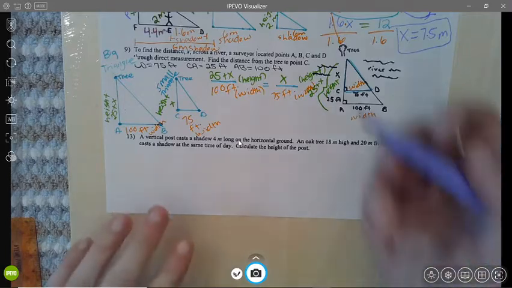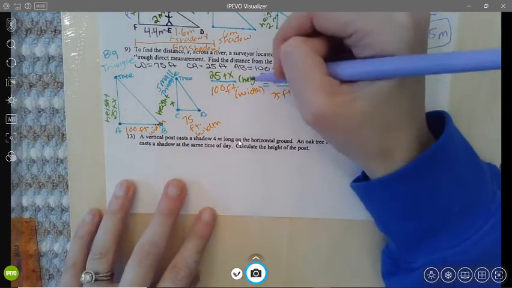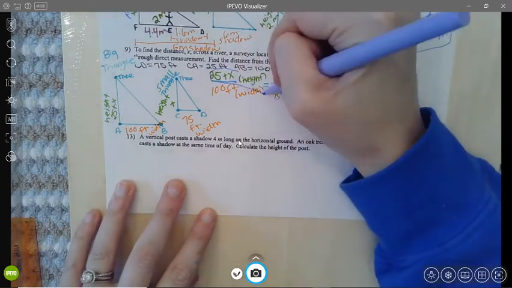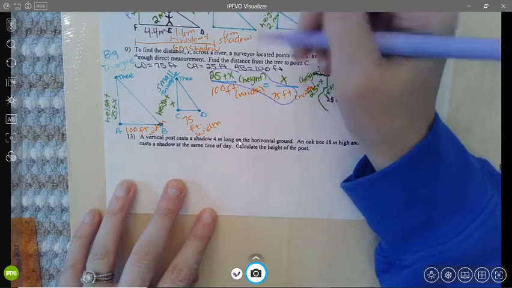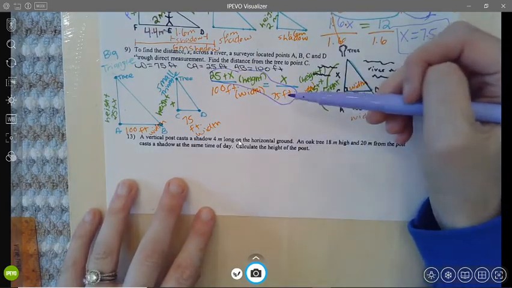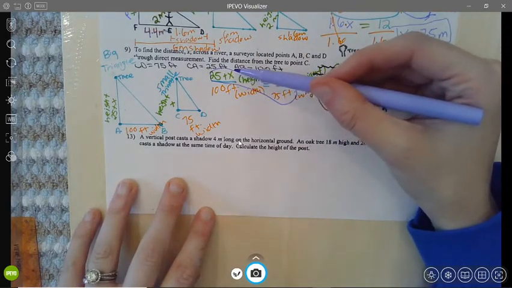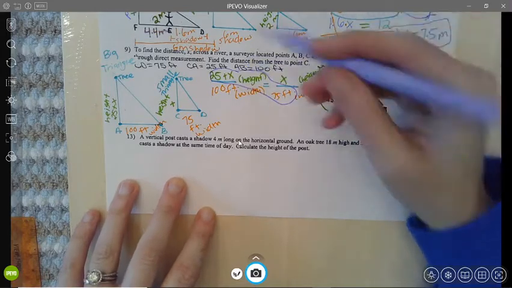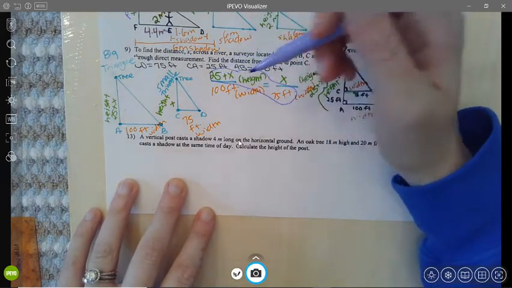Let's get going. It doesn't matter which way you start first. I'm going to start this way first. I'm going to be multiplying 75 to the entire expression, and the entire expression is 25 plus x.